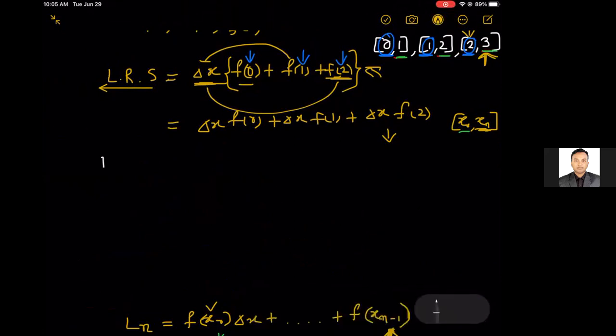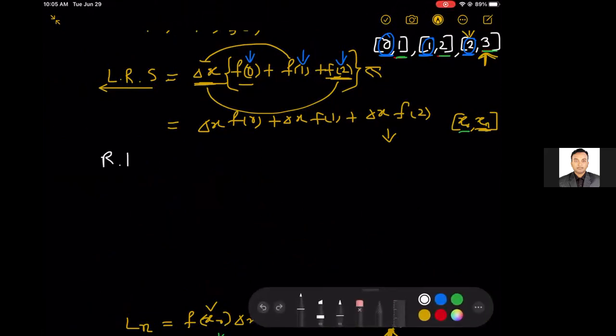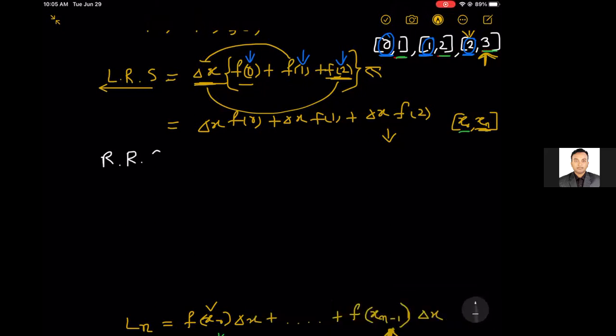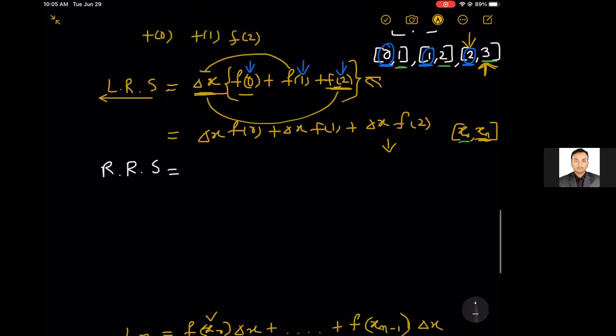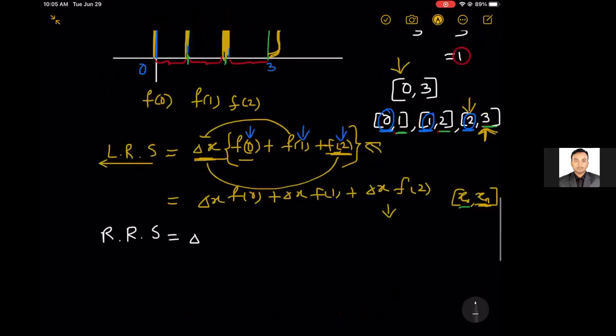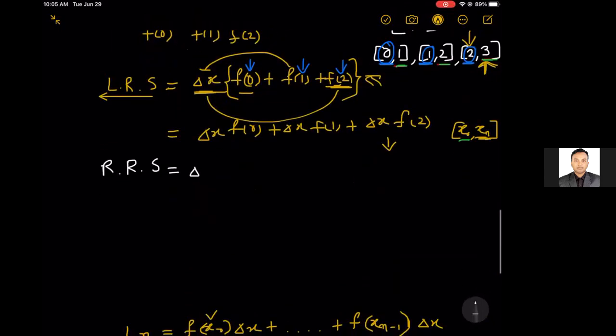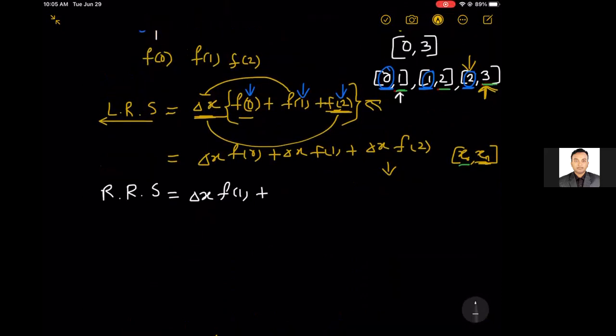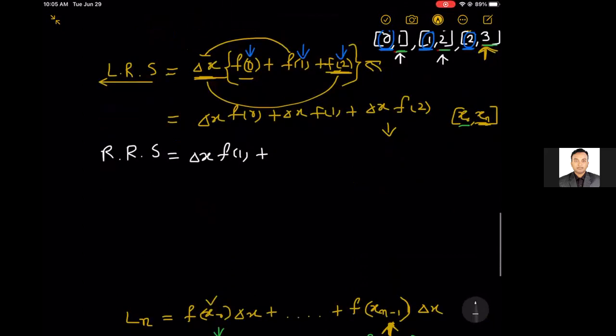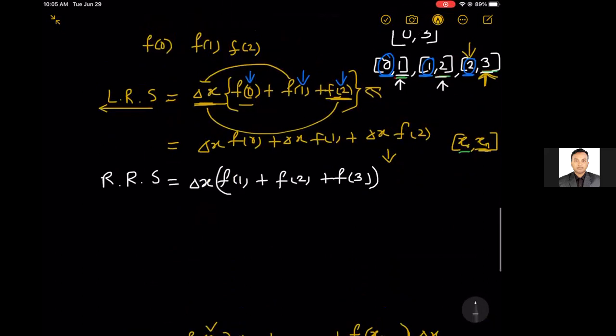If we use the space here, the right Riemann sum, I should say, is going to be del x times f of 1. Since the right endpoints are 1, 2, and 3, you can clearly imagine it will be f of 1, f of 2, f of 3. These 3 points, right? Does it make sense? Okay.